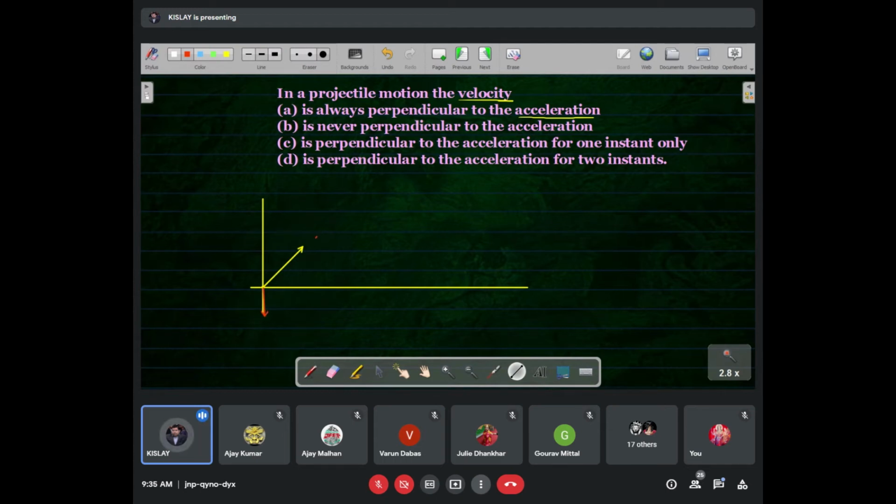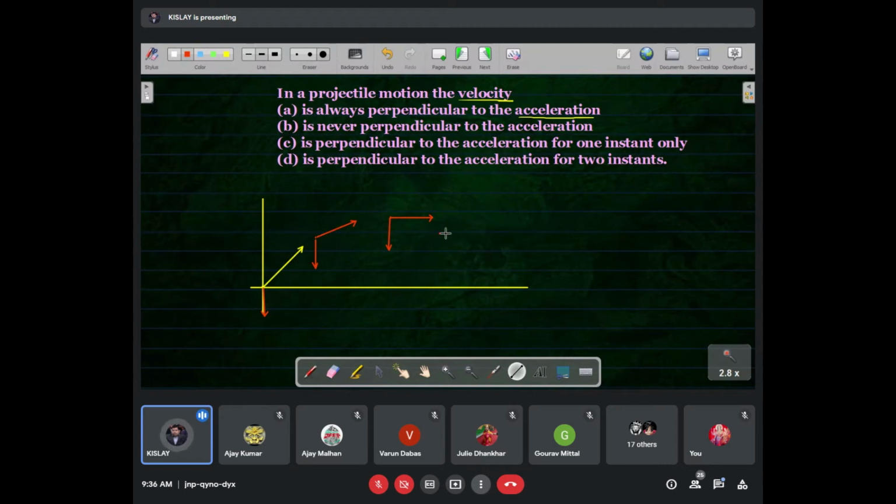If the object is here, velocity is in this direction, acceleration is in this direction. At this point, velocity is in this direction and acceleration is in this direction.